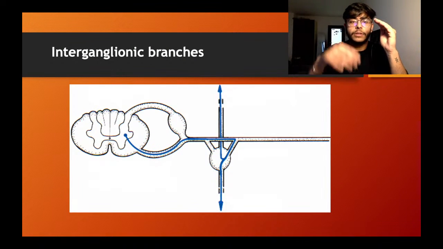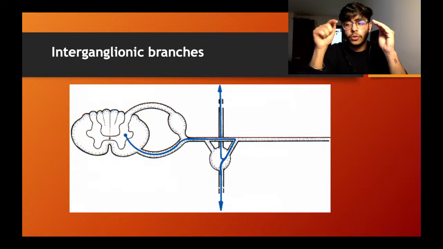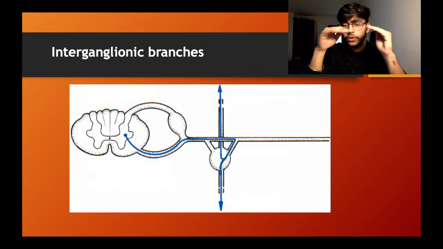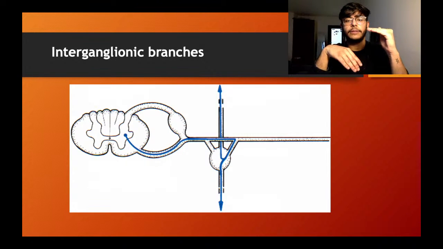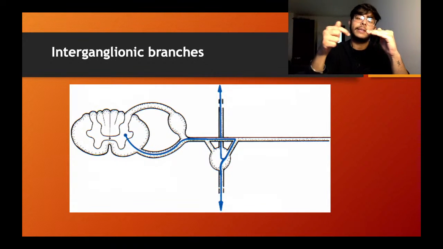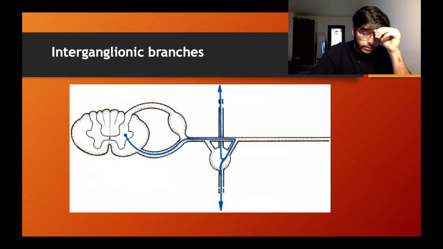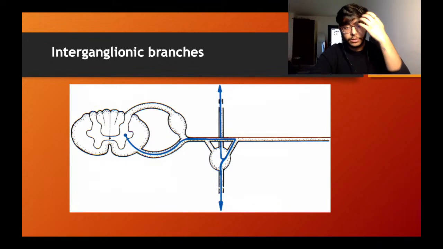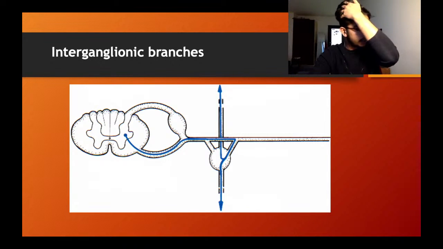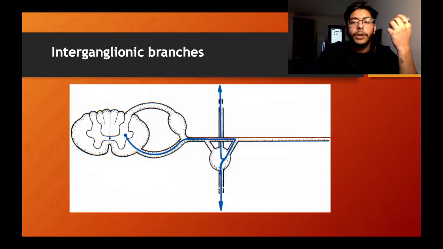Interganglionic branches are the ones that don't synapse in the ganglion at the vertebral level, but instead go downwards or go upwards. And all of these interganglionic branches are the reason why the brain is able to get information from such far off places in the body.